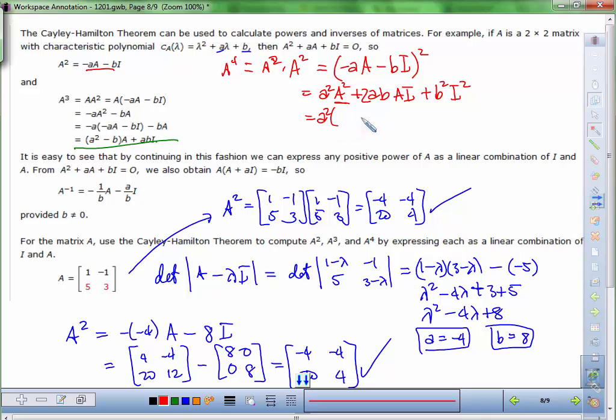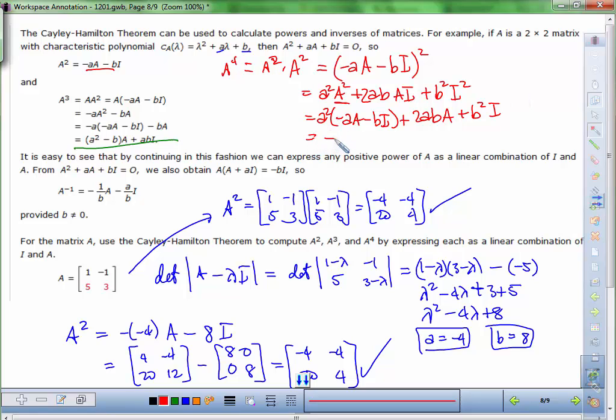So I'm going to replace this A squared again with minus a A minus b I, and I'll simplify this business over here. This is just going to be 2ab capital A, and I is the identity matrix, so it'll get multiplied, and then you just have the identity. And we have b squared, I squared is just I because it is the identity.